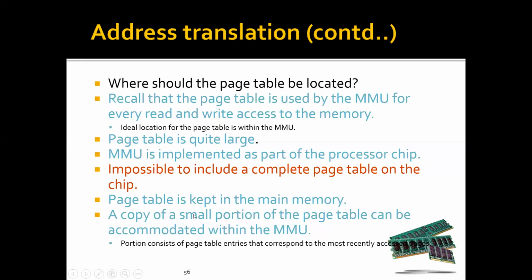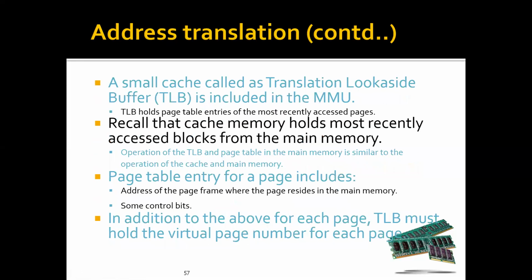However, a copy of a small portion of the page table can be accommodated within the MMU. Which small portion? The portion consisting of page table entries that correspond to the most recently accessed pages. Many of the pages which are very frequently accessed, that portion can be stored inside the MMU. This small cache is known as the translation lookaside buffer, or TLB.